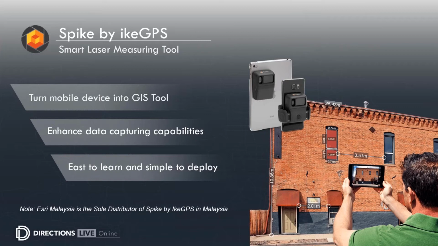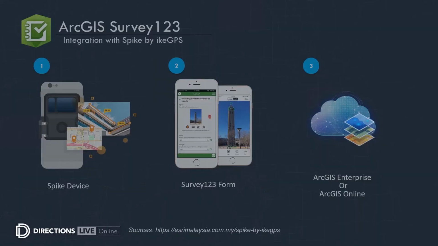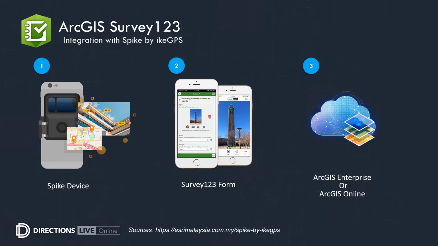So how does it work? First, you need a Spike device. There are some simple configurations that allow you to configure these measuring options in Survey123 itself.